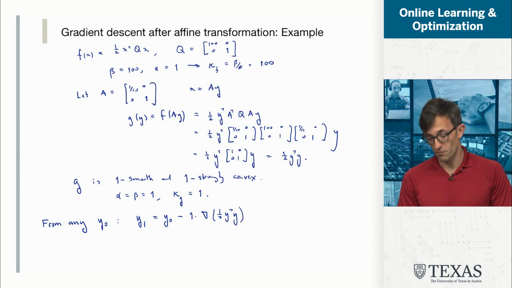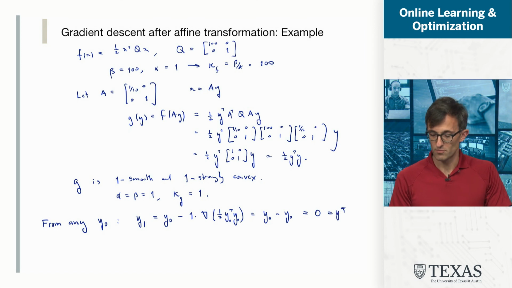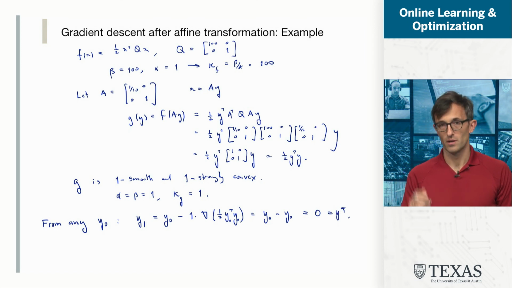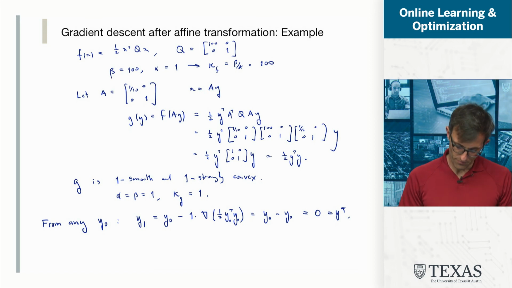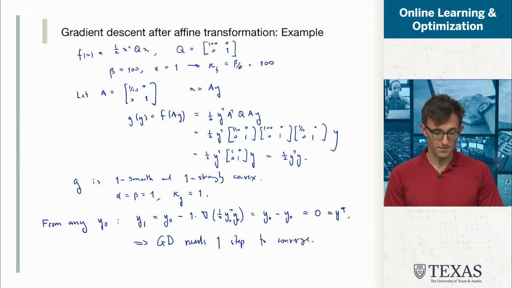And the gradient of 1/2 y transpose y is just equal to y itself. So this equals y0 minus y0, which is equal to 0, the minimizer. So from any y0, g converges in one single step. Gradient descent needs one step to converge. Literally as good as it gets.